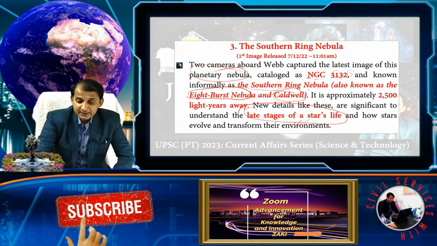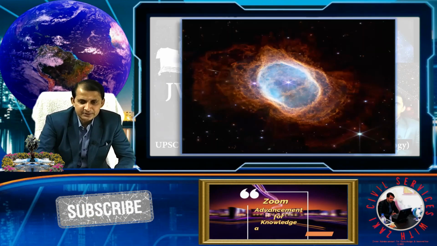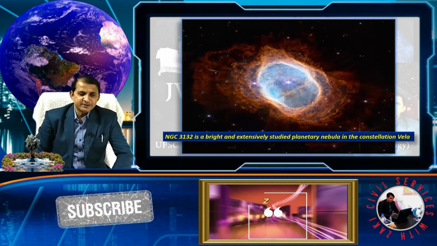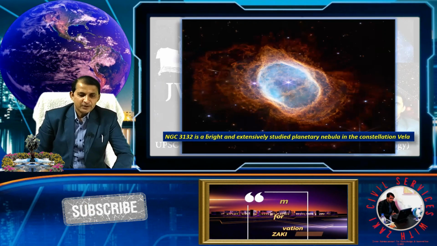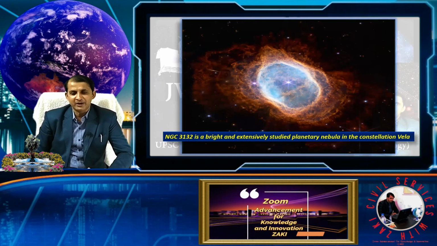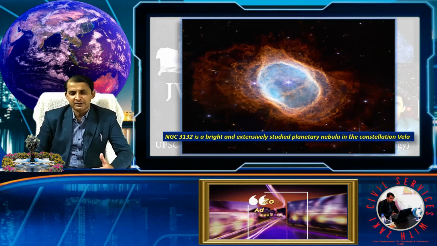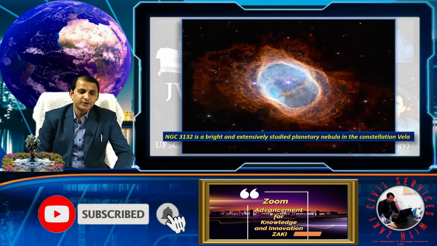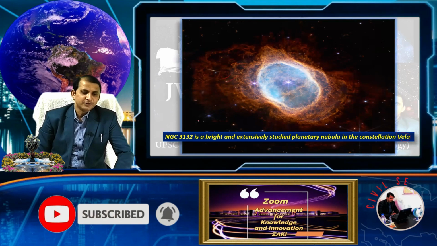So see here, the Southern Ring Nebula. It is NGC 3132, a planetary nebula in the constellation of Vela. If you can find it.